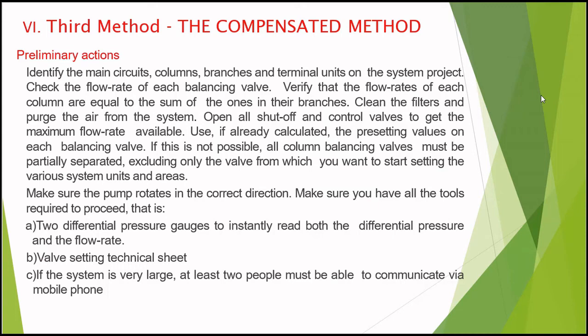We have to verify that the flow rates of each column are equal to the sum of the ones in their branches. We have to clean the filters and purge the air from the system. We have to open all shut-off and control valves to get the maximum flow rate available. Use the presetting values if already calculated on each balancing valve.